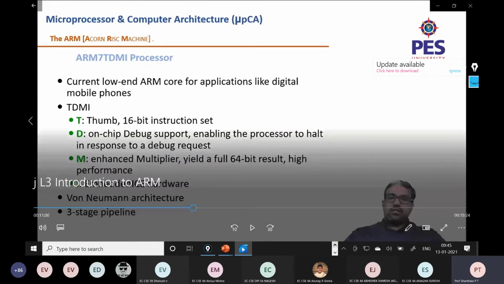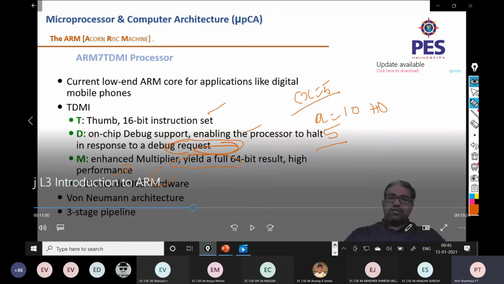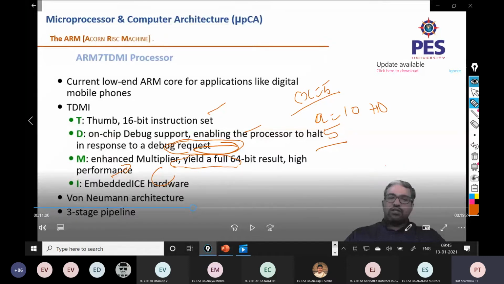You may get questions on this. Why? What is the load and store architecture? For example, A equal to 10, B equal to 5. If you want to assign the values to memory locations, we use load and store architecture. That's why we call it a load store architecture.